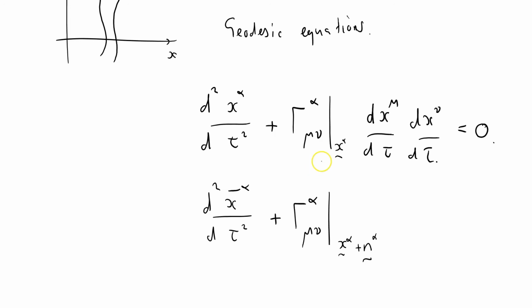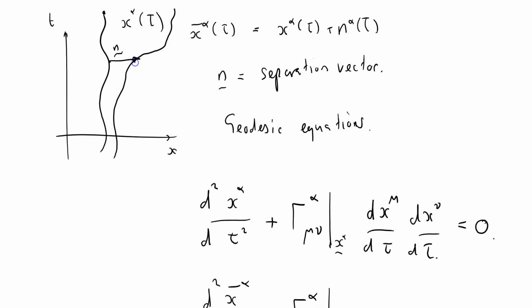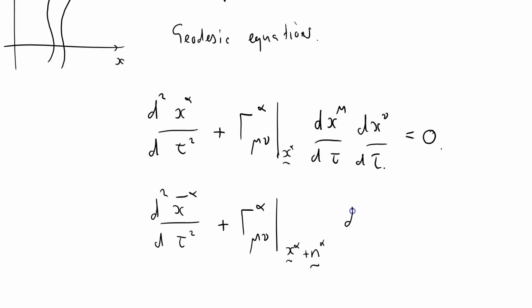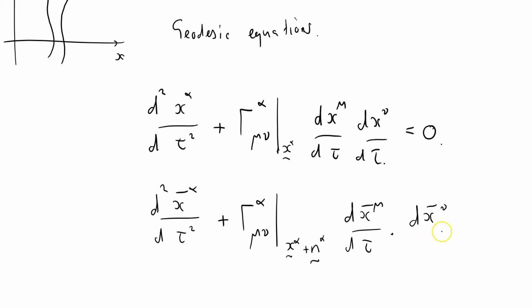So it's a different thing. The curvature may well be different from one point to another. Times dx bar mu by d tau times dx bar nu by d tau, and that equals 0.